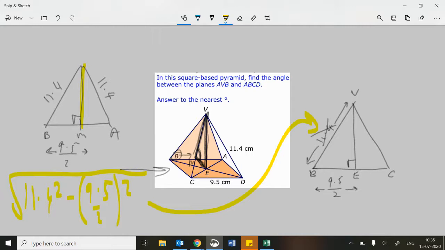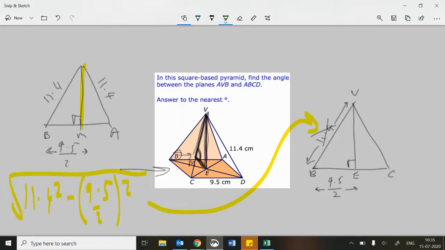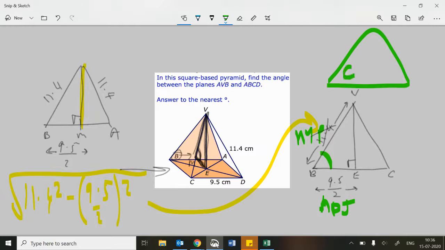Once you've got that answer, you can then use normal trigonometry. We're looking for this angle. We've got the adjacent there, and we've got the hypotenuse, which we've just found from over there. So we can use the cosine triangle, CAH.